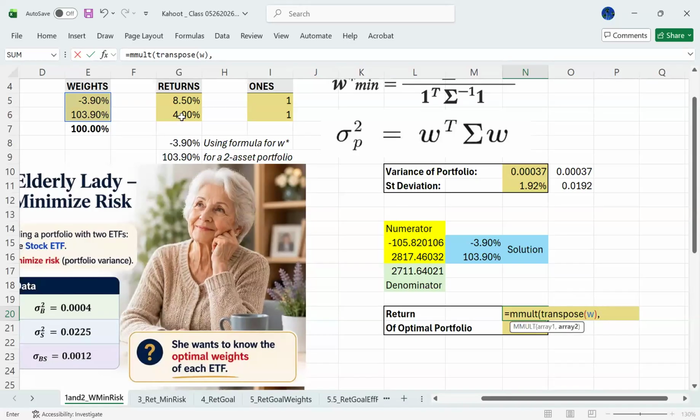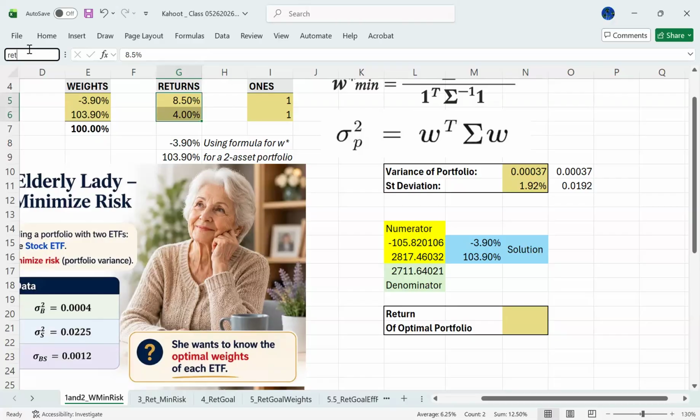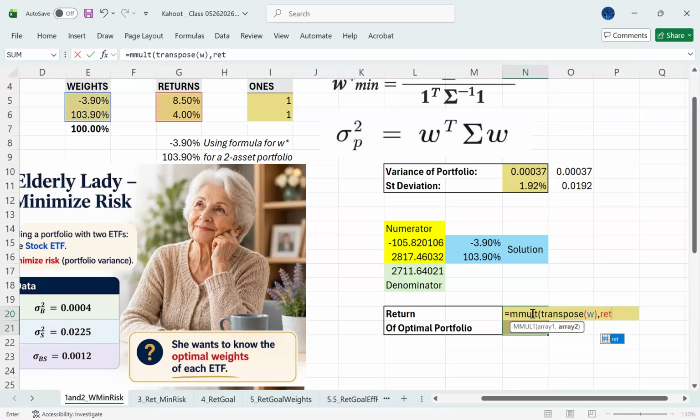I have not named it. Let me name it. This matrix now is the return matrix. I'm going to name it ret. So it would be MMULT of TRANSPOSE W, comma, ret. Okay, that is the matrix formula to get the return of the portfolio.